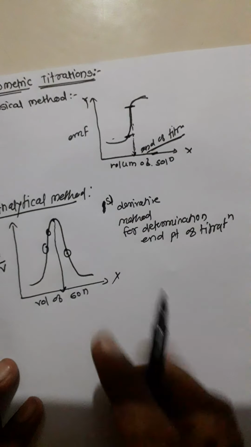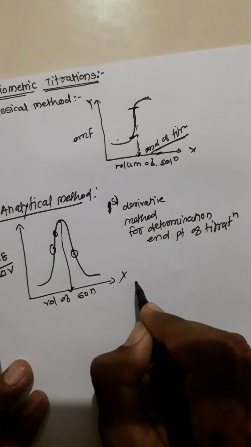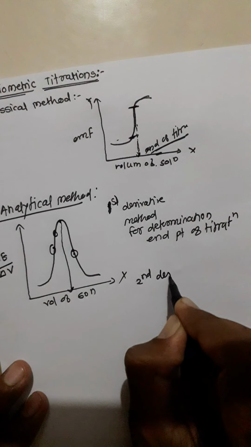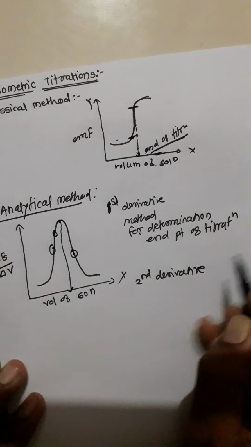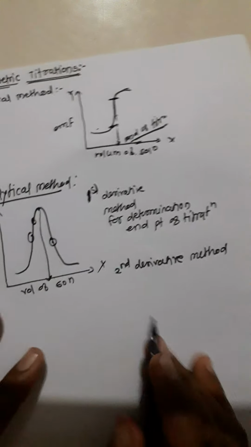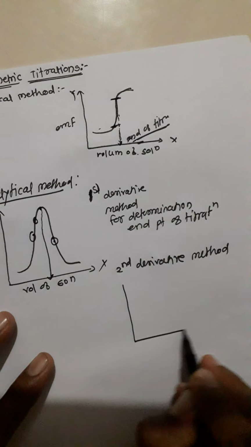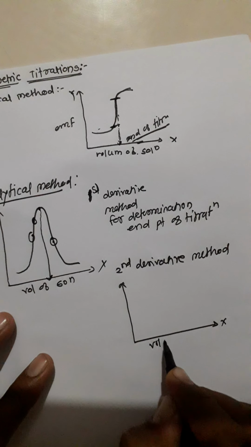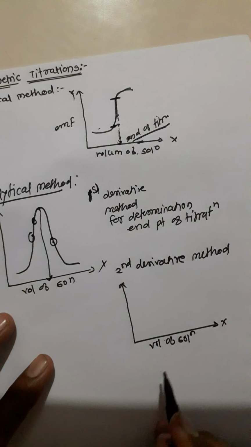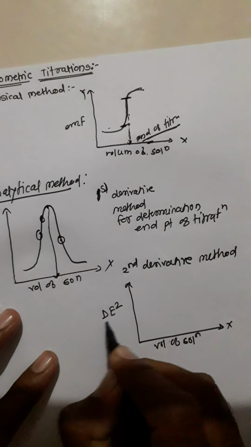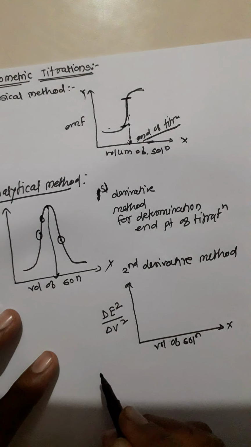And the next one is the second derivative method. It is similar, but in this graphical representation, the x-axis is the volume of solution and the y-axis is delta E square upon delta V square.